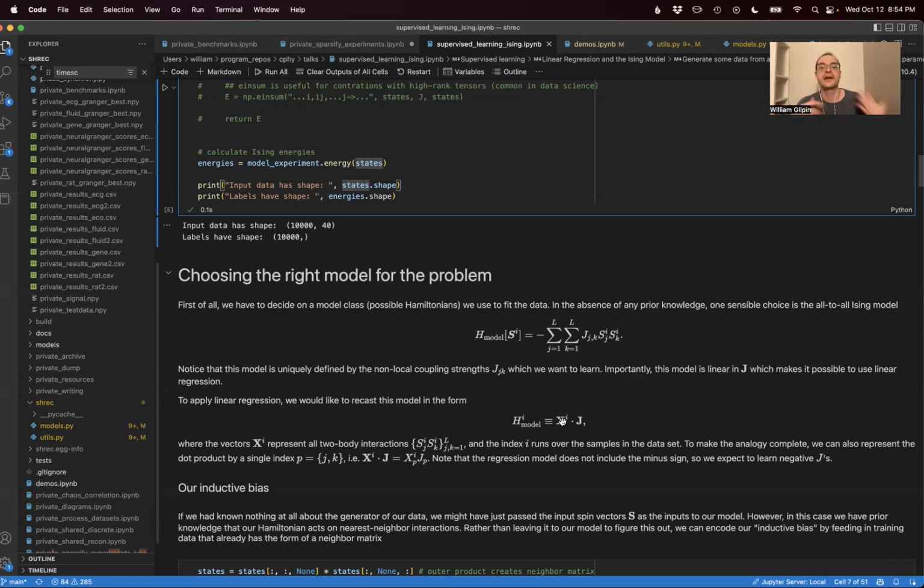And the idea there is that this version of the Hamiltonian is capturing interactions between all S_j and all S_k, where J and K are both indices that run over the lattice. So I could just isolate this outer product and write that as its own matrix. Then that matrix dotted with J gives me my Hamiltonian.